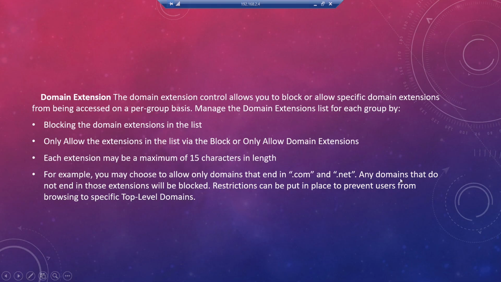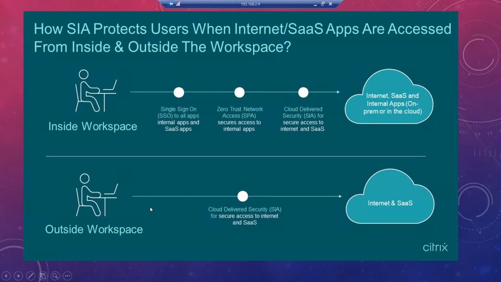Any domains that do not end in those extensions will be blocked. So after applying the policies, if a user is trying to access a domain that doesn't have these two extensions, it will be blocked automatically. Restrictions can be put in place to prevent users from browsing to specific top level domains. Okay, let's go to the next one.